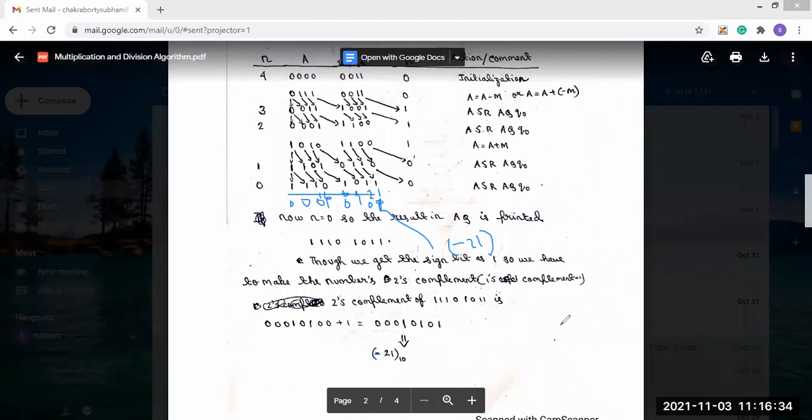And if you want to check, multiply minus 7 by plus 3, and we also get minus 21. So that's how Booth multiplication works.